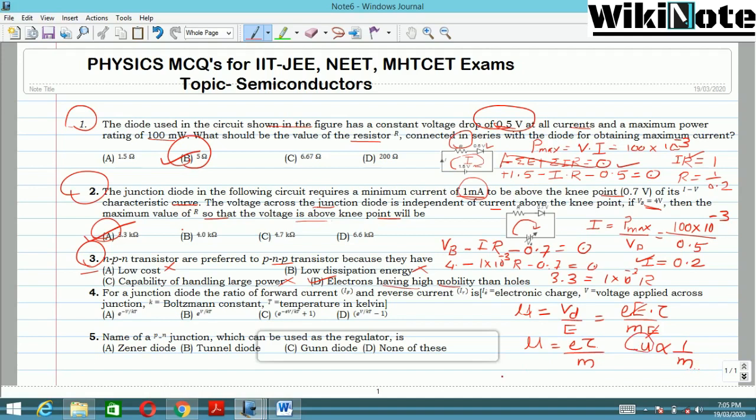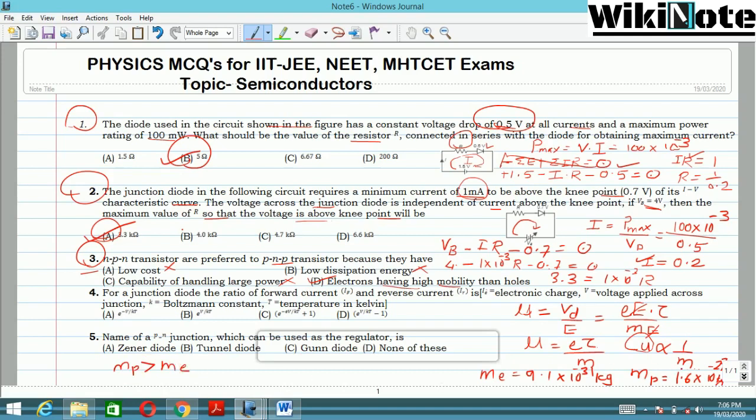And if you look at the mass of electron, it is 9.1 into 10 raised to minus 31 kg, while that of proton, that is hole, is 1.67 into 10 raised to minus 27 kg. So proton is quite heavier than the electron.